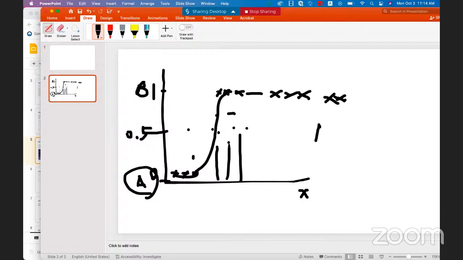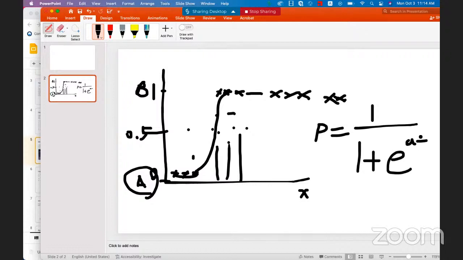The probability would be equal to 1 divided by 1 plus e to the power of ax plus b.